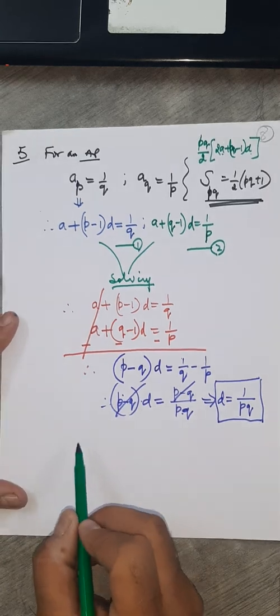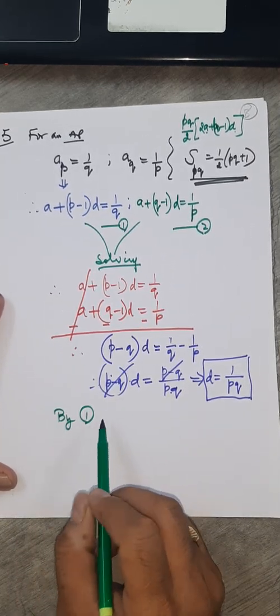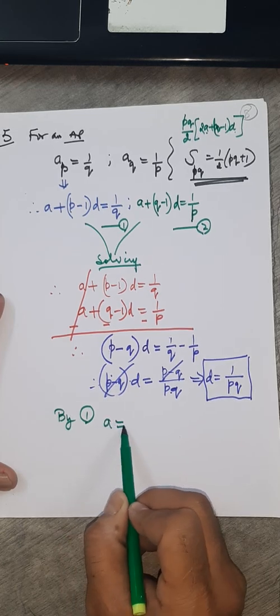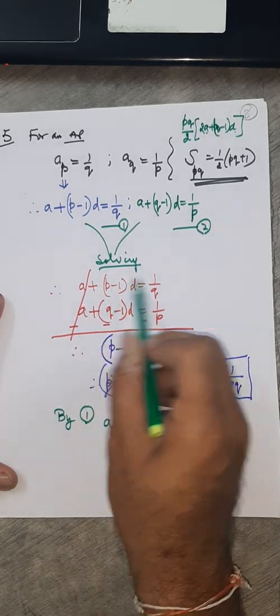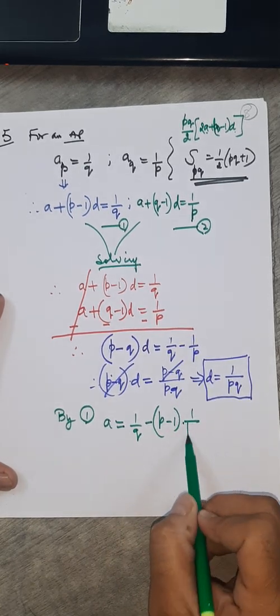Got it? Now we put D in one of these two, so we'll get A. Let me write by equation 1: A equals 1 by Q minus P minus 1 into D, which is 1 by PQ.